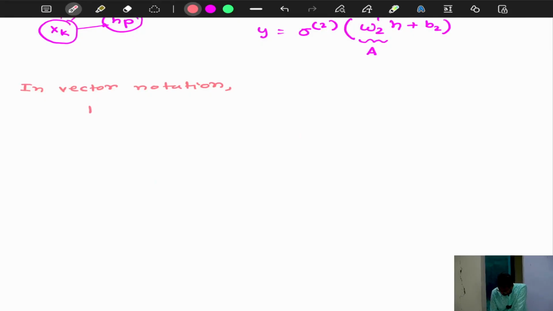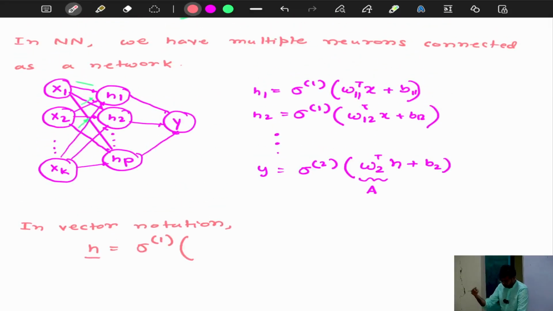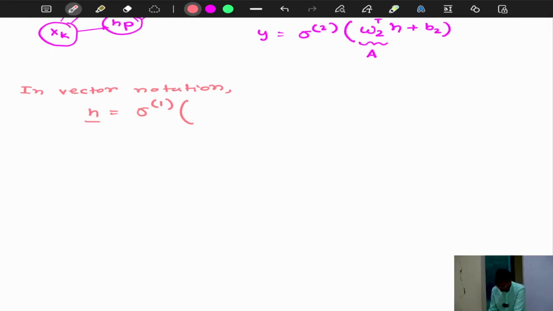So you have h vector, which is equal to sigma 1, and then W11, W12, this will come together. So I will call it W1, x plus b. X is a vector, b is a vector.